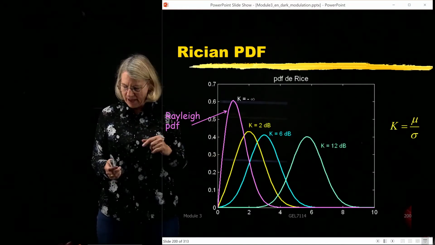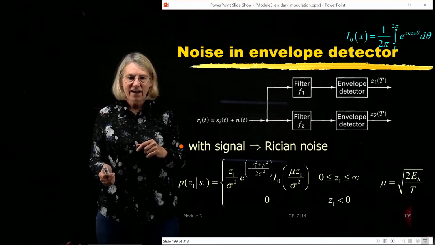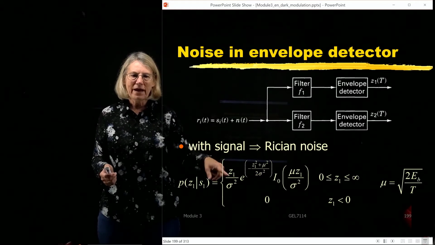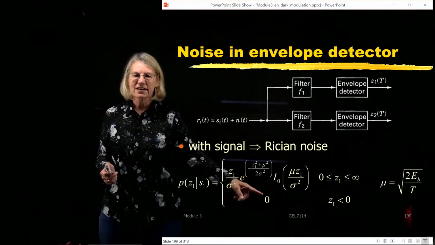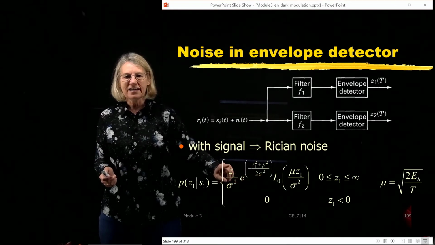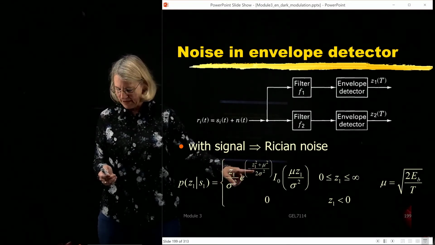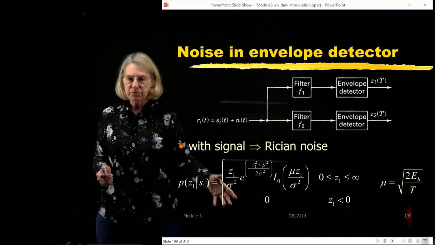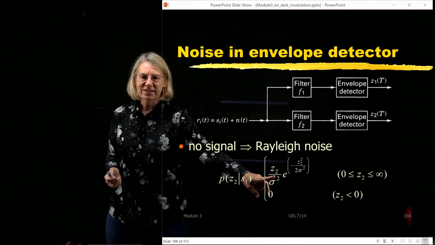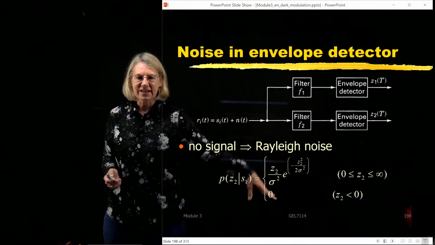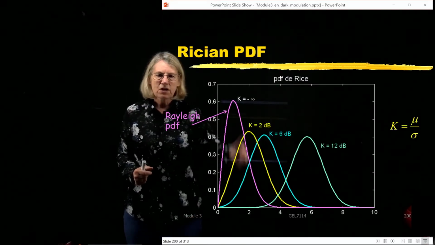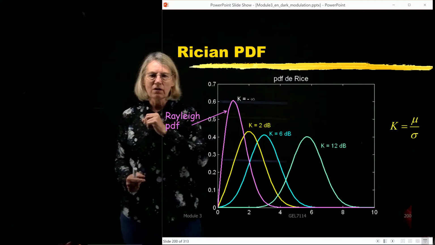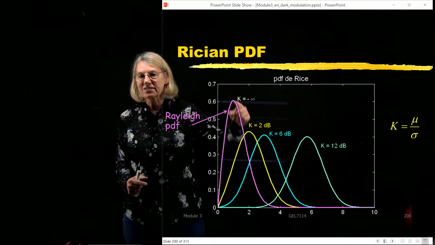And if I went back to my equations, if I put in K equal minus infinity, you would see that the Rice becomes the Rayleigh. So as I let K go to minus infinity, this Ricean expression would actually become this Rayleigh expression. The I0 would disappear, the second term would disappear. So that's why the two are related. So I labeled this curve K equal minus infinity, but basically it's the Rayleigh distribution.